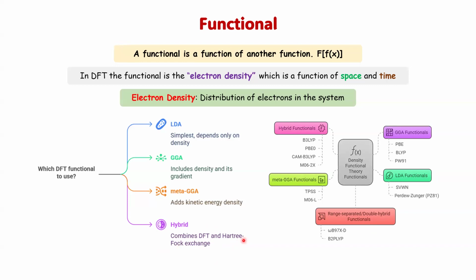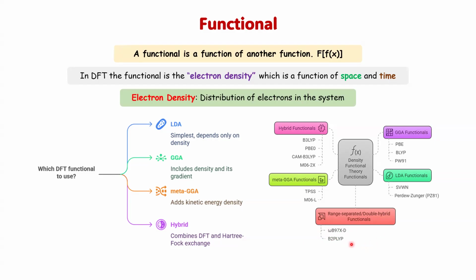Because of that, it takes more time to perform the computational calculation, but at the same time the results you get are highly accurate. Examples of double hybrid functionals are WB97X-D and similar.